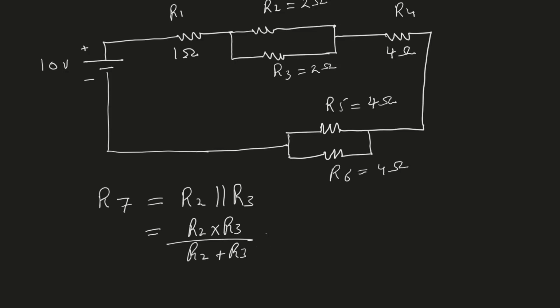That's the parallel combination. This will be 2 times 2 divided by 2 plus 2, which will be 4 divided by 4, which is 1 ohm. So now you see R7 is 1 ohm, and we could have said that just by looking at the two resistors. If two resistors in parallel have equal value, then their equivalent resistance is just half of that. So that is one parallel combination that we solved.